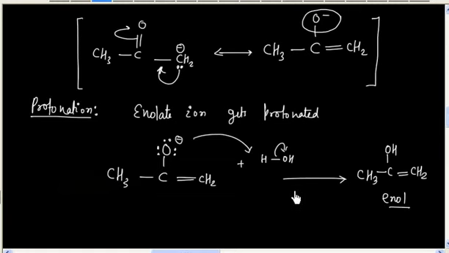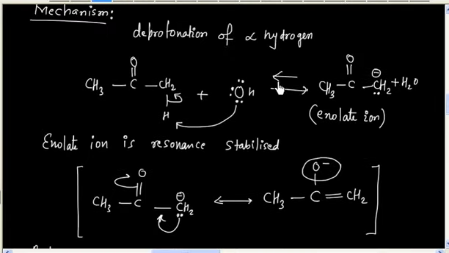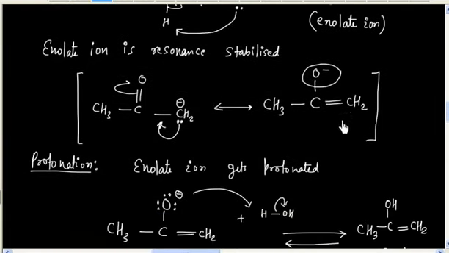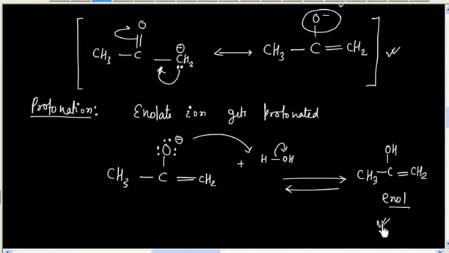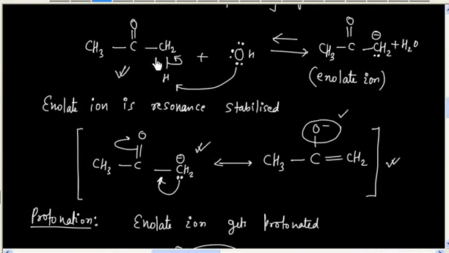Now all these steps are reversible. So an important point about the enolate ion: if oxygen gets protonated, we will have enol form. If carbon gets protonated, we will have keto form. So if I protonate this carbon, we will have CH3, that is your keto form.